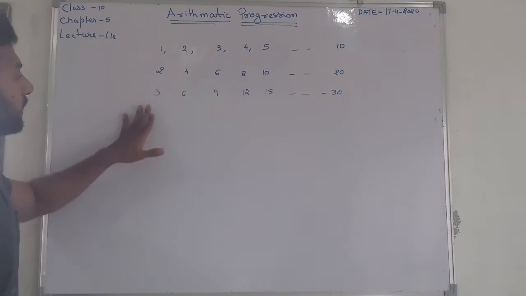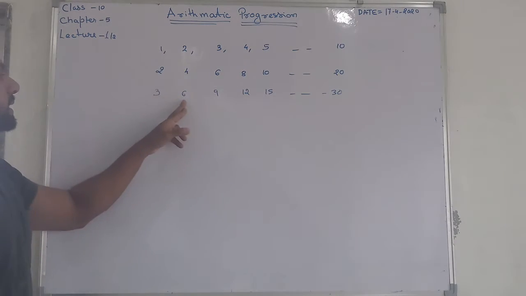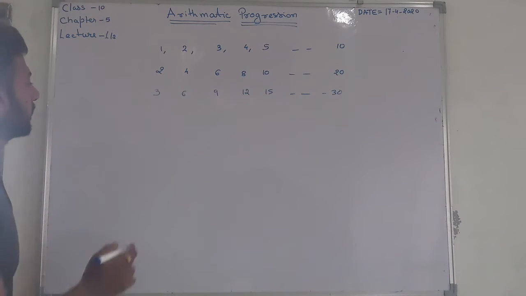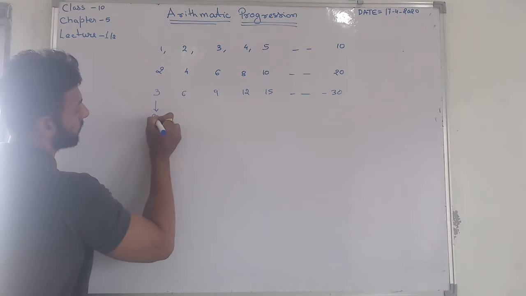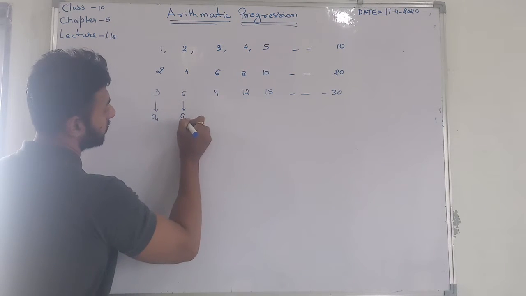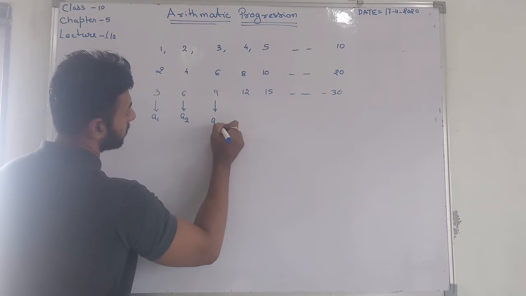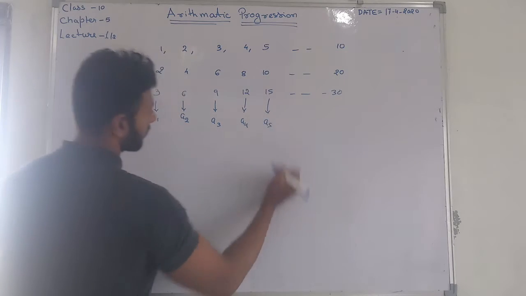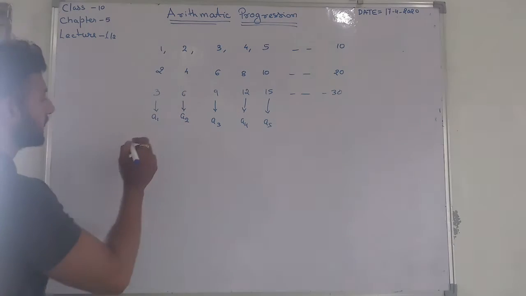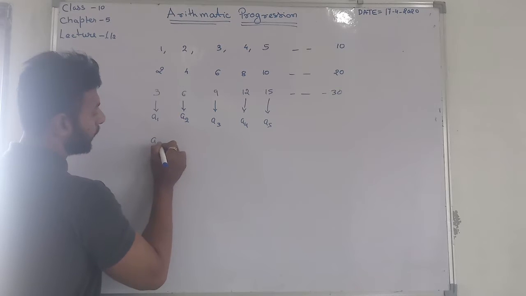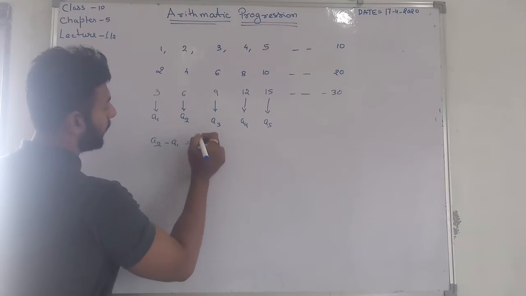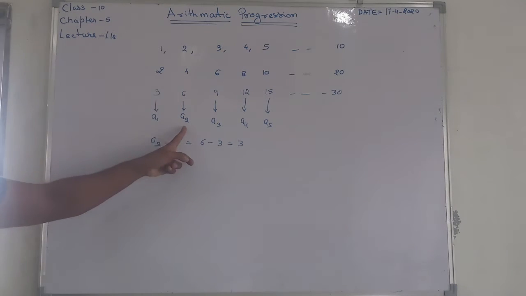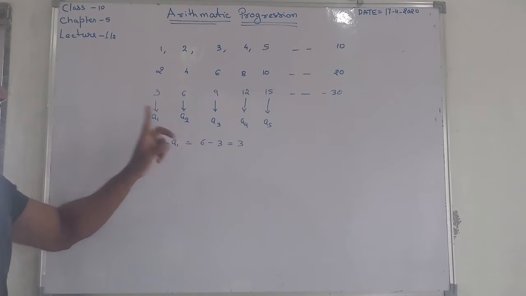Here we have the multiples of 3: 3, 6, 9, 12. This will be our first term, second term, third term, fourth term, fifth term and so on. Now let us check a2 minus a1. a2 minus a1 is 6 minus 3, which is 3. The first number is subtracted from the second number.